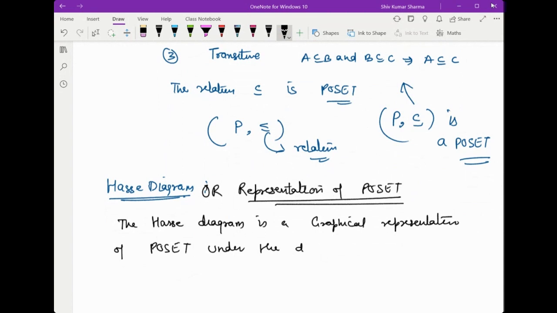Under the defined relation. Any relation is given, and under the defined relation we draw the Hasse diagram. That means when any POSET is given, we just draw the Hasse diagram of the POSET.